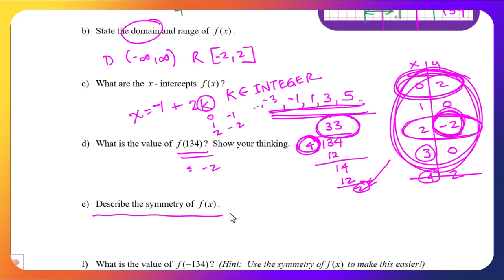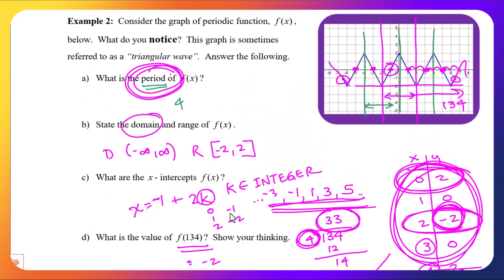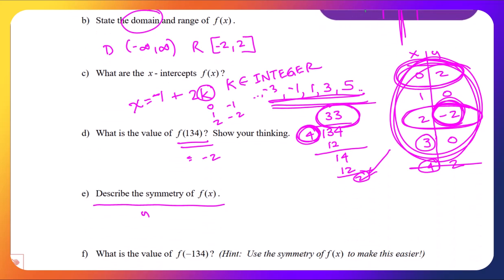Describe the symmetry. Do you see that our graph has a middle of the y-axis? So it's balanced on either side of the y-axis, and so it has y-axis symmetry. So it's balanced to the left and to the right.